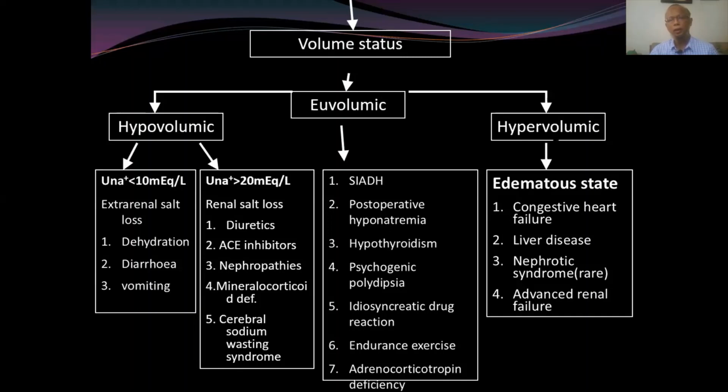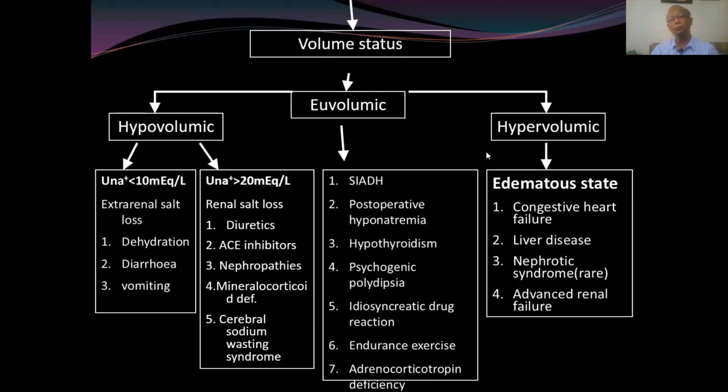So you will get euvolemic hyponatremia in these settings. And in case of hypervolemic, there is an edematous state. So in case of congestive cardiac failure, cirrhosis of liver, nephrotic syndrome, advanced renal failure, there is water retention. In these particular conditions, you will get an edematous state and more water is retained.